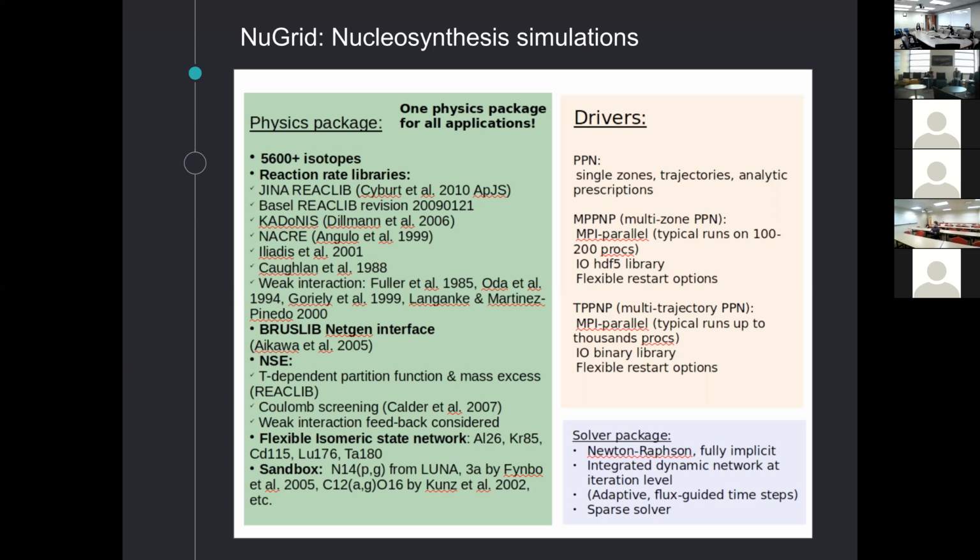TPPNP allows you to take particles which do not exchange mass between them and run them in parallel so that these problems become tractable. The physics package that we have takes a reaction network of 5,600 isotopes at its largest, although for most of the stuff that we do, because we don't have seed nuclei, we will not need to have the full 5,600 isotope network. But it also uses reaction rate libraries such as JINA-CEE, Keegans, NACRE.